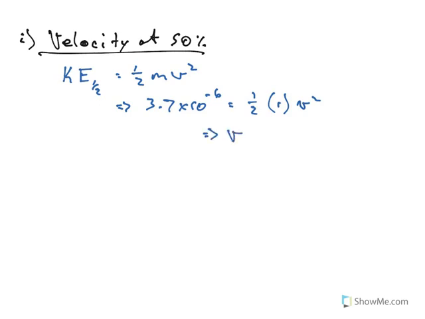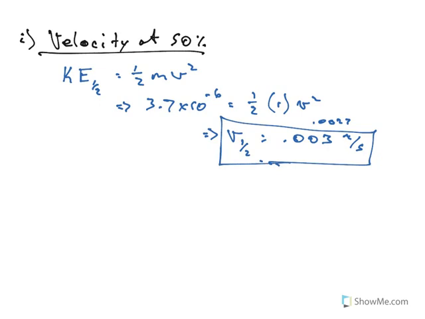The velocity at the halfway point must be 0.003 meters per second. It's actually 0.0027. And that's how fast this block must be moving at that halfway point.